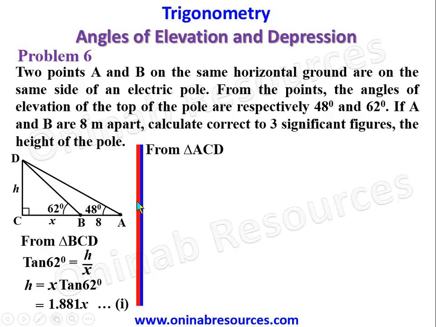From triangle ACD, the given angle is 48 degrees and the opposite is H, and the adjacent is 8 plus X. So we now say tan 48 degrees is H over X plus 8, because this is X plus 8. So from here we make H the subject of the relation, which is X plus 8 tan 48 degrees.